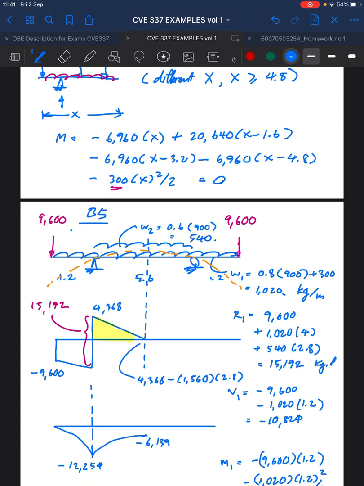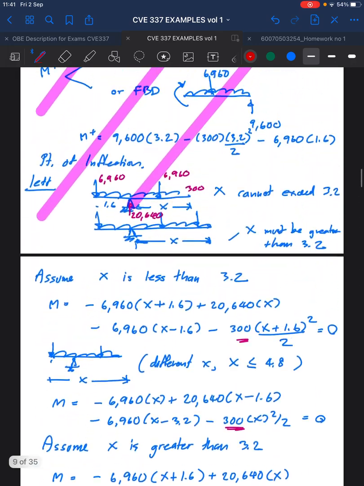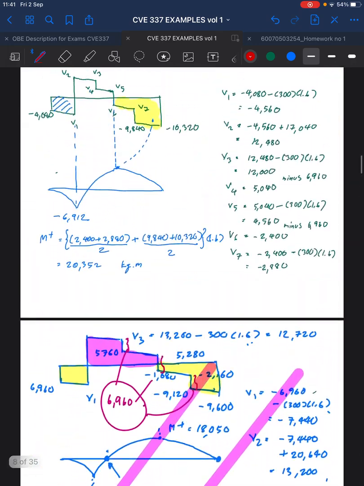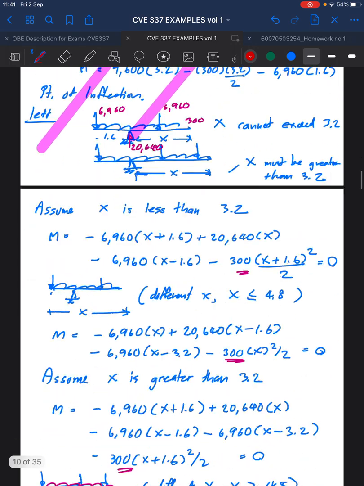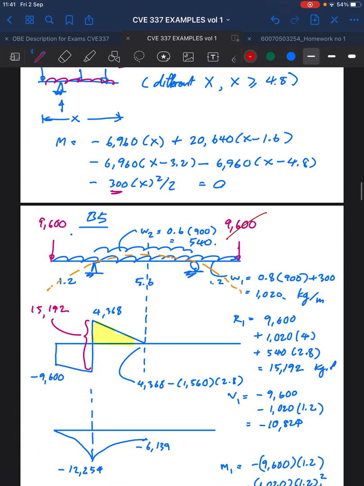So what will change is this reaction is going to change from 9600 to what's that, 10,320, right? Yep. So this has to change to this number, and then the procedure is the same.